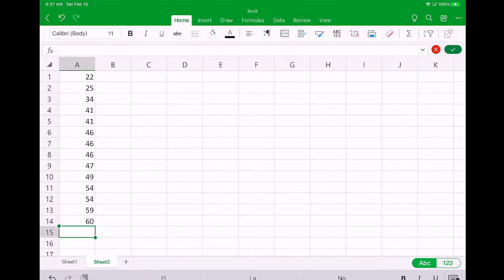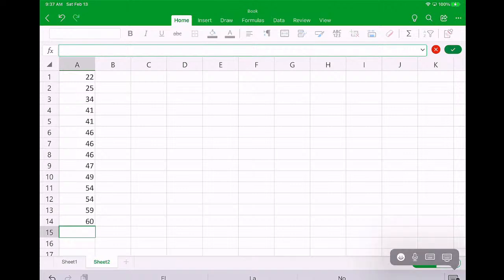Okay. So I want to calculate the mean. Uh-oh, my keyboard has changed languages, I think. Oh no. Okay, I'll go back to the other one.